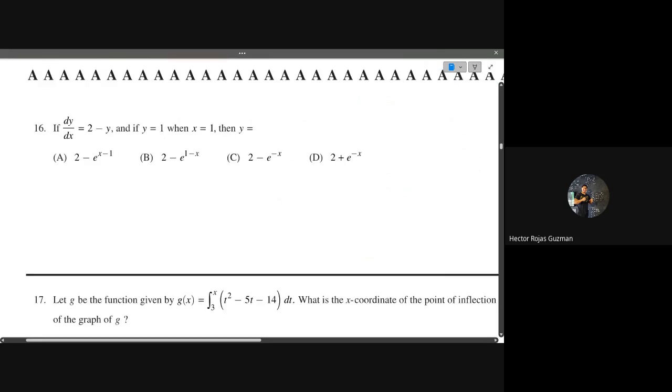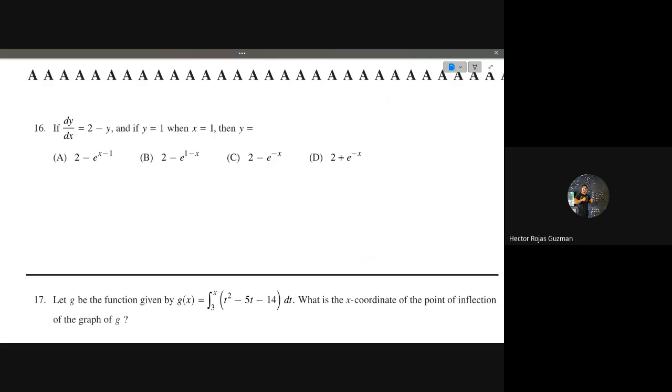Okay. We have a dy dx, and if y is equal to 1 when x is equal to 1, then y equals... This looks to me like we're going to have to do some separation of variables. So I'm going to start by multiplying dx on both sides.